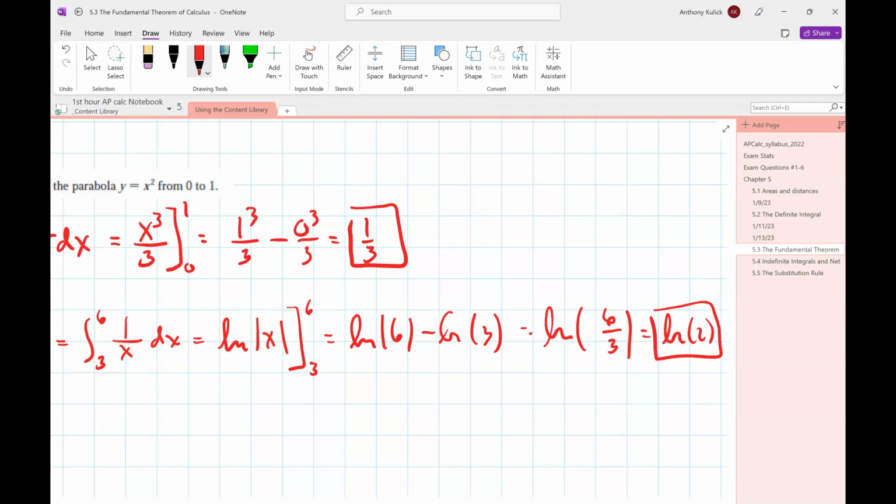So that's just the antiderivative rule, if you went back to 4.9 when we did these.